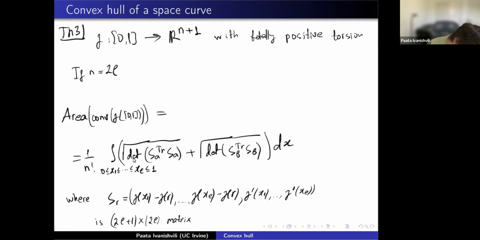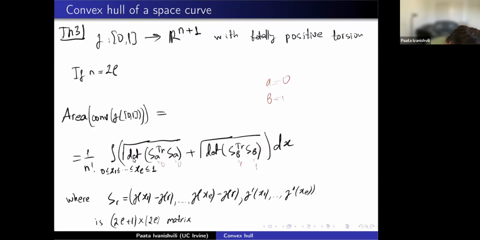So here, I'm sorry, a should be 0, b should be 1. There is a typo. I was thinking that I have a curve on the interval [a,b], but since I'm writing 0, 1 everywhere, this should be 0. This should be 1.